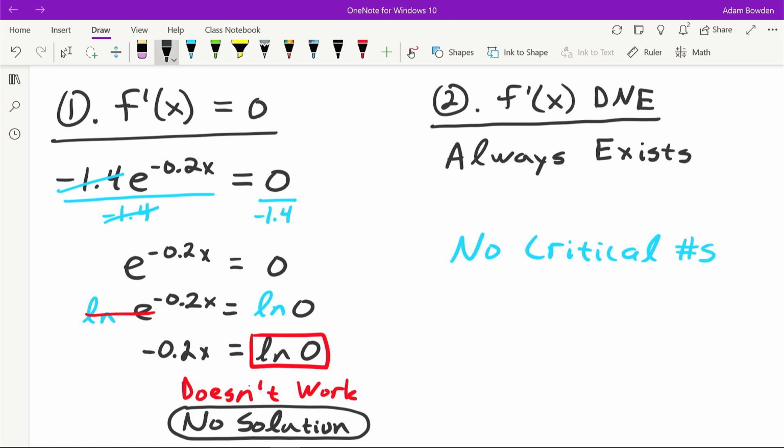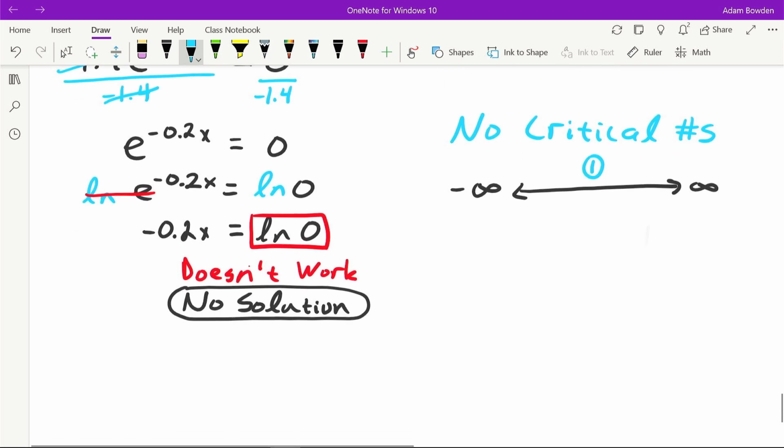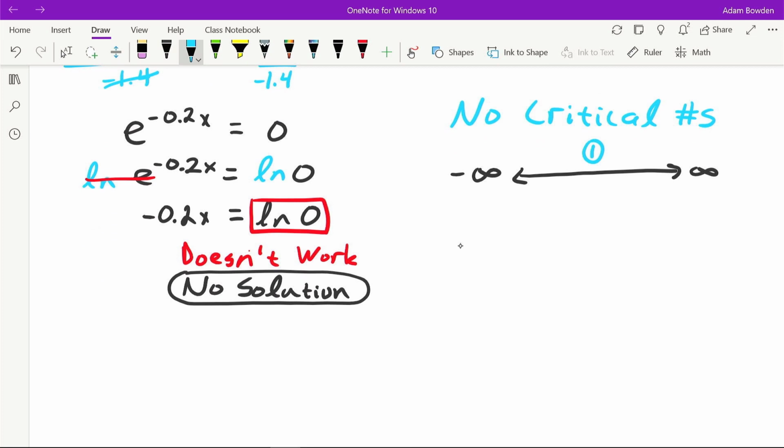Well, that doesn't give us much to go by, but what we'll do here is just go to the number line, leave it empty, and pick out any random number we want as a test value. We'll plug that number in for our first derivative and just observe what happens.